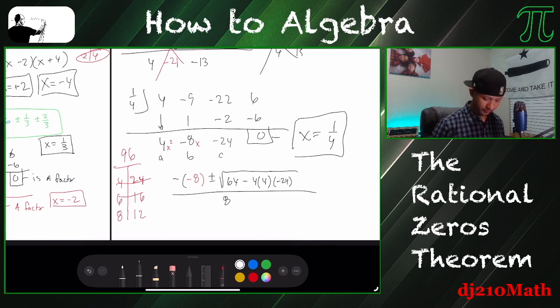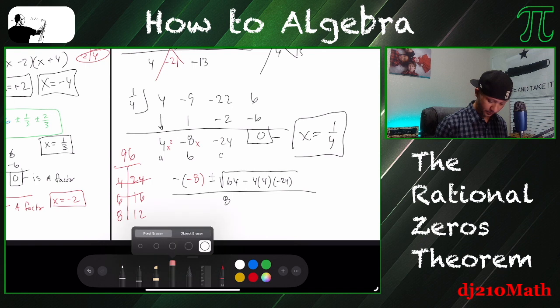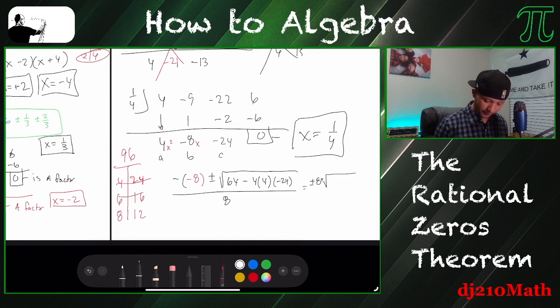Okay, so simplifying this, we're going to get positive 8 plus or minus, so 4 times 24 we know is 96.